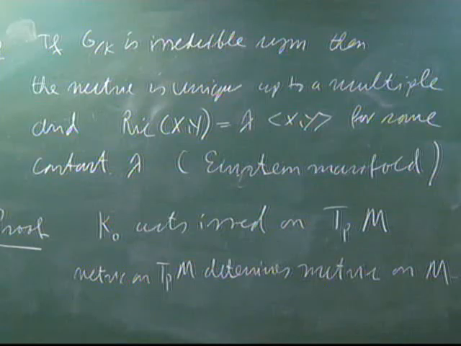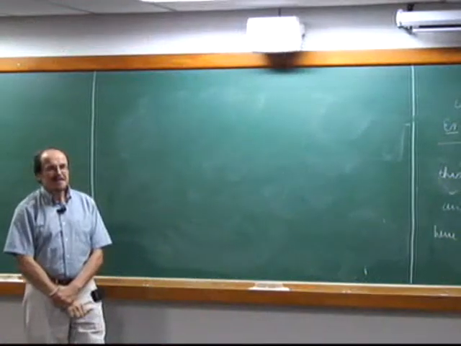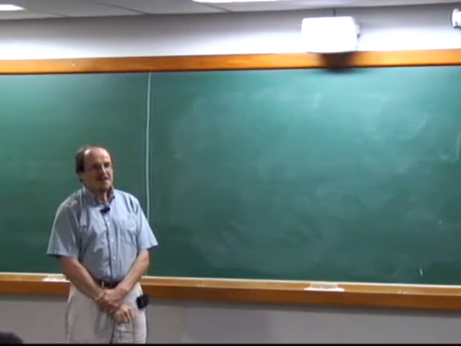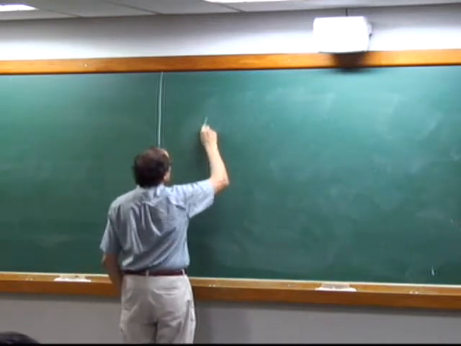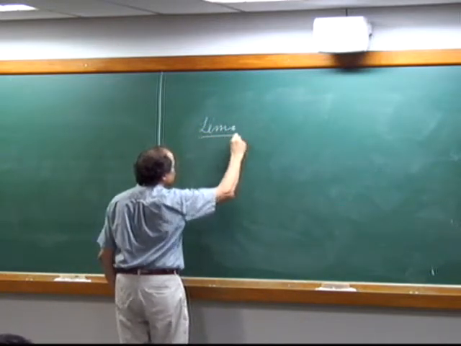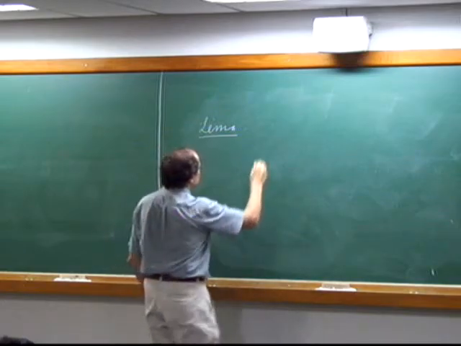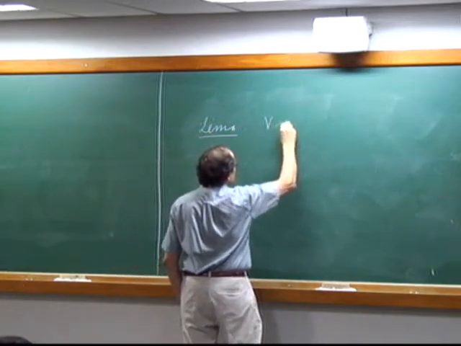So there's a certain lemma that one uses now to finish the proof. Schur's lemma. Do you know something called Schur's lemma? There are several versions of it, but the version we need now is the following. It's a very simple proof. So V is a vector space.